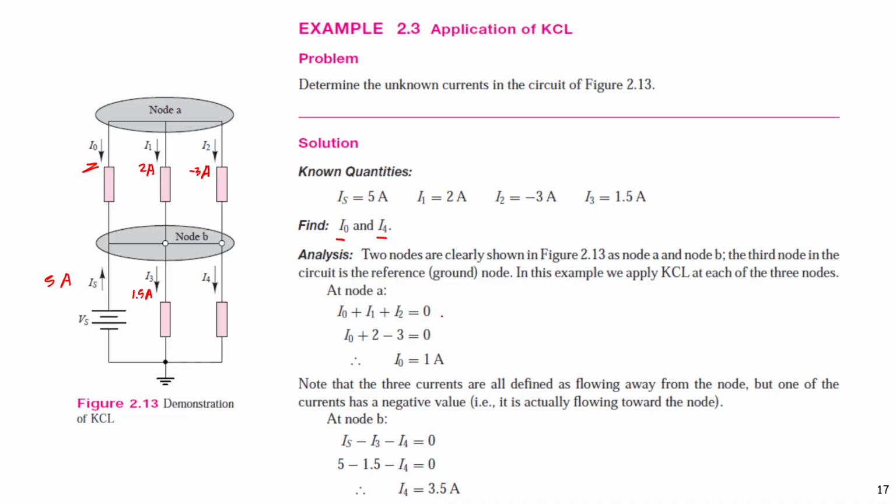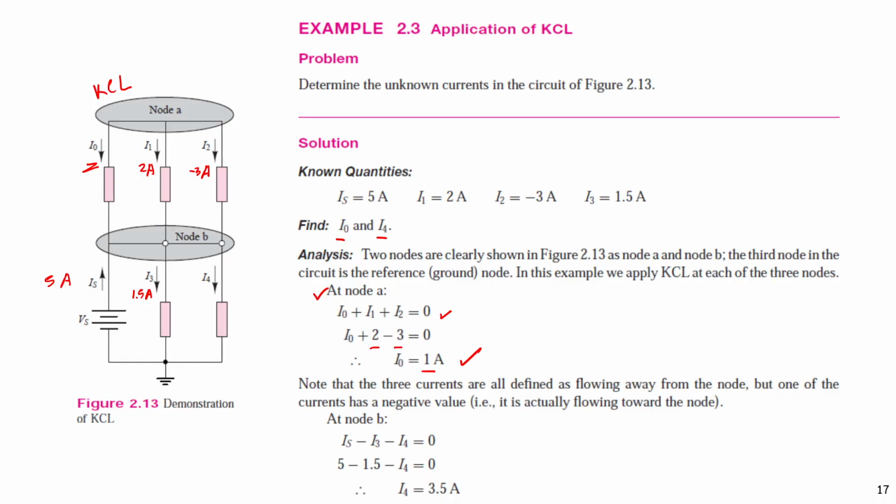Then we substitute I1 and I2, we get I0. To get I0, let's apply this equation. We apply KCL at node A.